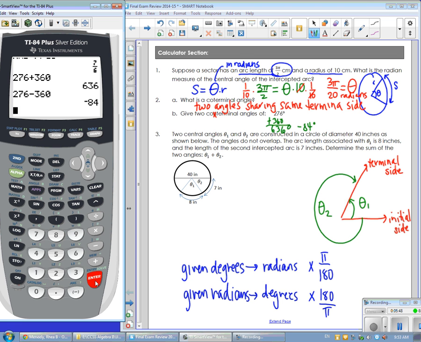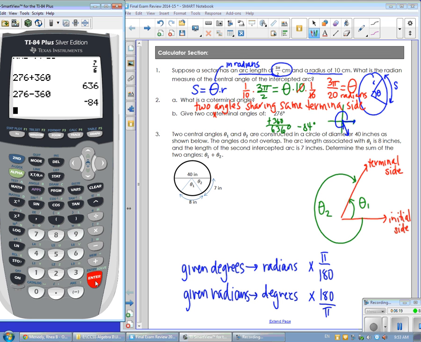Okay. If you think about what a 276 degree angle is, so again, I'm sort of running out of space here, but let me just go ahead and draw my x and y axis. So if I start my angle here at 0 degrees, my terminal side for 276, I know that 3/4 of the way around the circle is 270, so 276 degrees would be here. So this is a 276 degree angle.